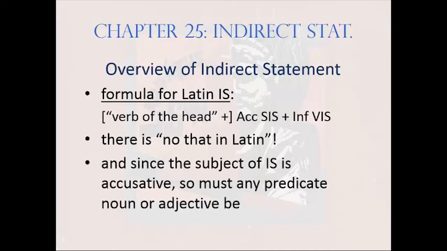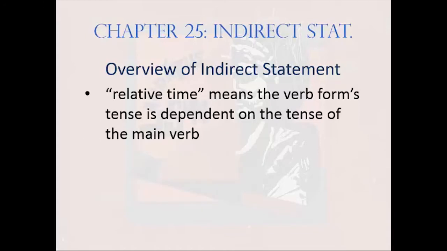And don't forget that accusative subjects will create accusative predicates. Relative time comes into play because English speakers are forced to switch back and forth between a Latin relative time verb form, the infinitive, and an English finite verb in a that clause. Relative time verb forms change their absolute time value in accordance with the tense of the main verb.